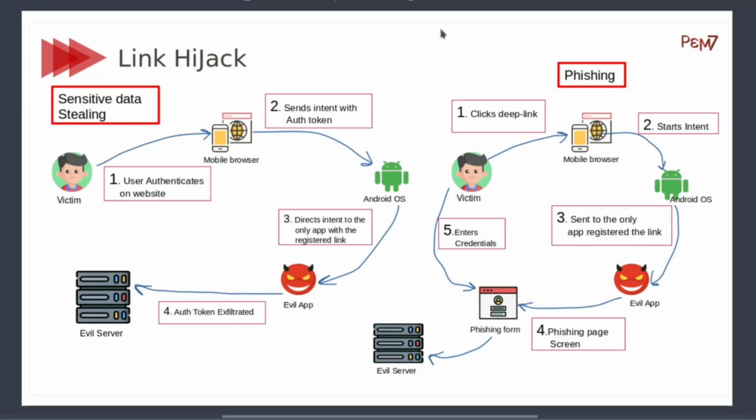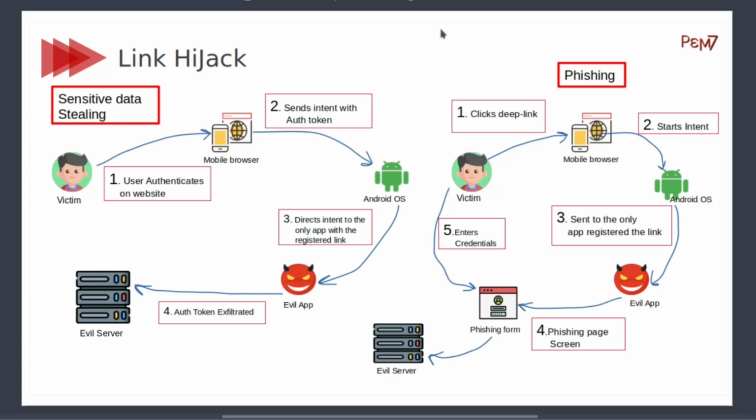And from this server, since it is controlled by an adversary or a hacker, they can easily find this authentication token and log into your account, thereby hijacking the whole thing. Instead of going to the rightful app, it's hijacked on the way.